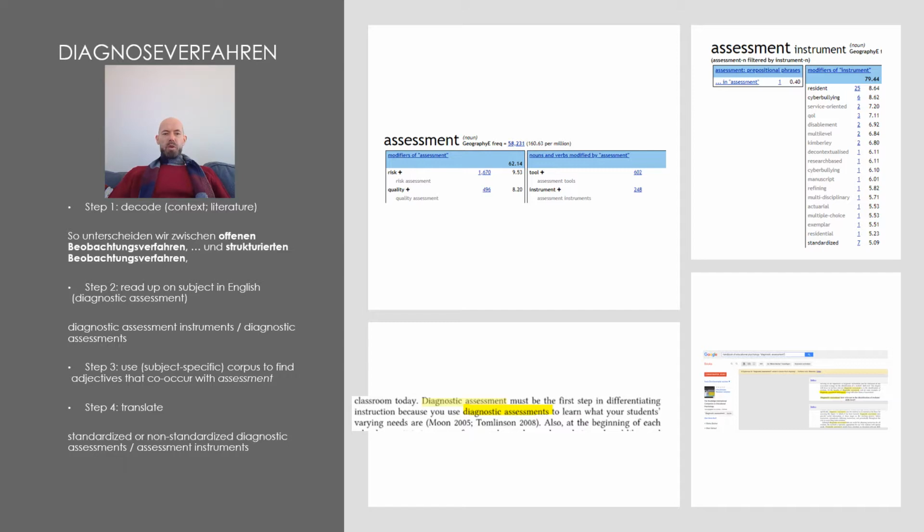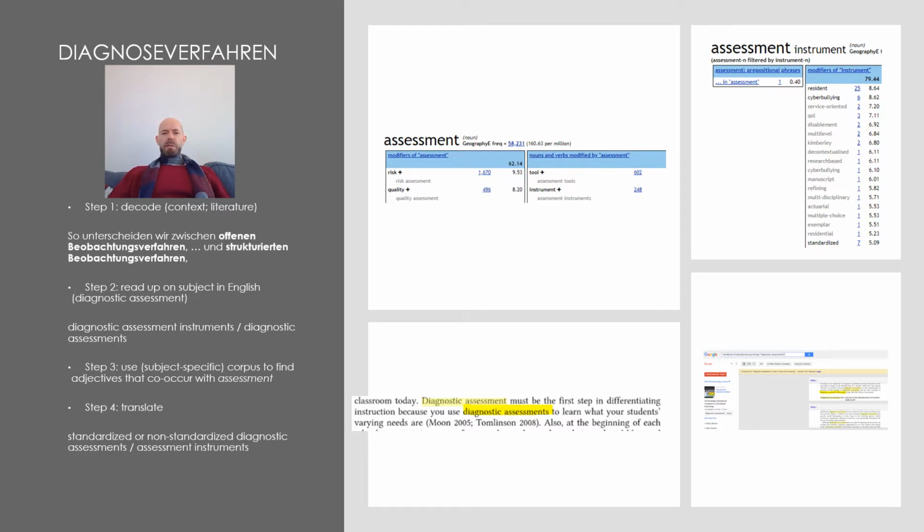Und strukturierte Beobachtungsverfahren, bei welchen Beobachtungen zielgerichtet dokumentiert werden, um dem Kind anschlussfähige Erfahrungsmöglichkeiten anbieten zu können." So, as I said, you now need to go to the library or alternatively find suitable books on Google Books, for instance, or HighWire and so on, and read up on the subject in English if possible.